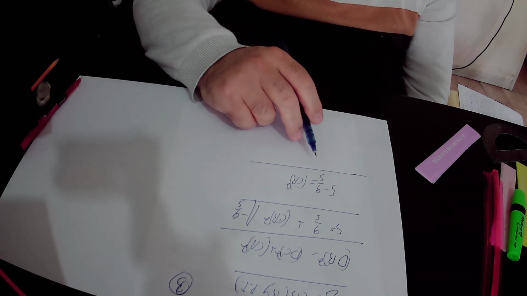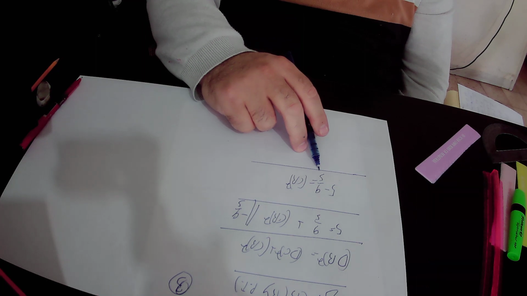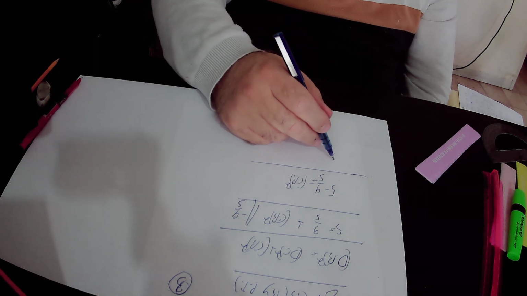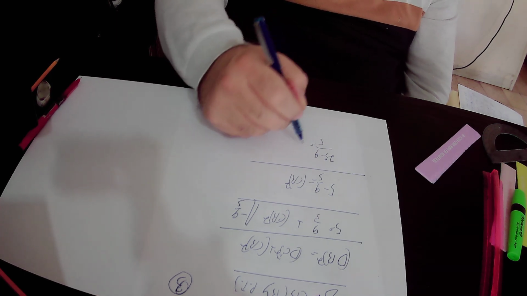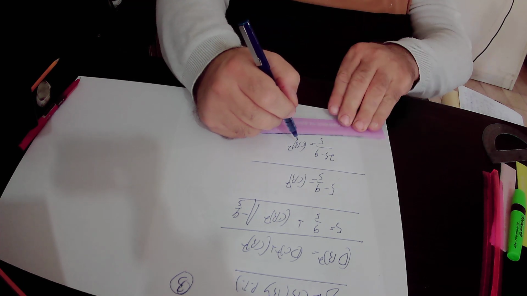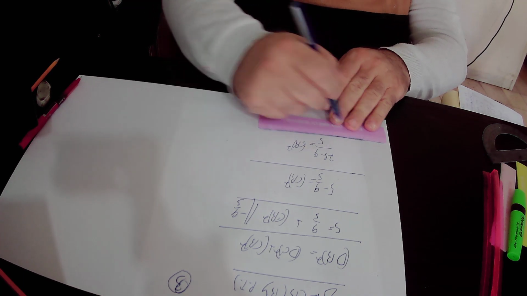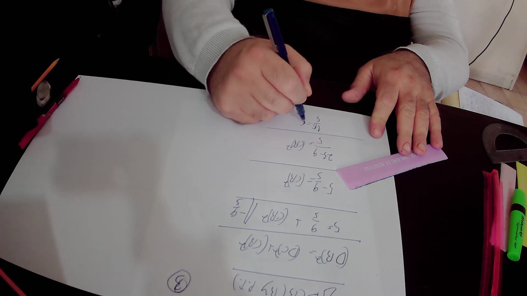Here we multiply 5 by 5 and then we divide it by 5 in order to have a common factor of this expression. 5 times 5 is 25, minus 9 over 5 equals CB square. Here 25 minus 9 is 16, so 16 over 5 equals CB square.